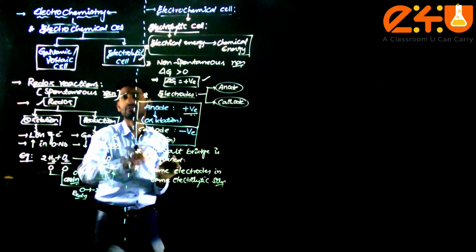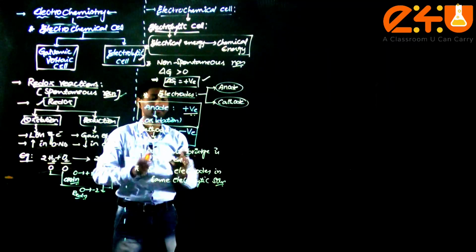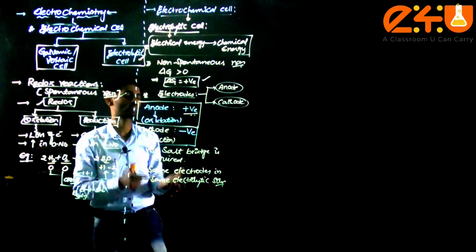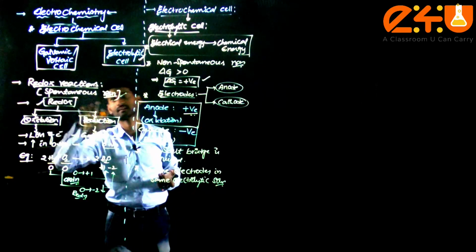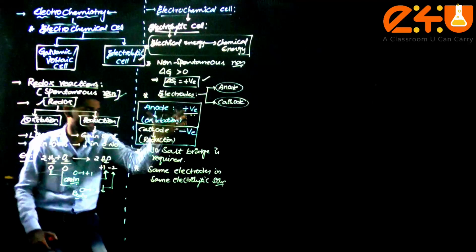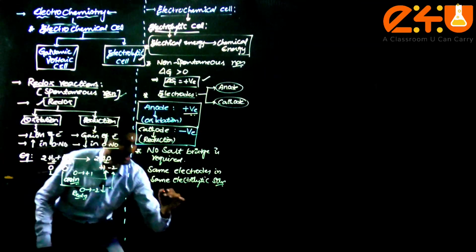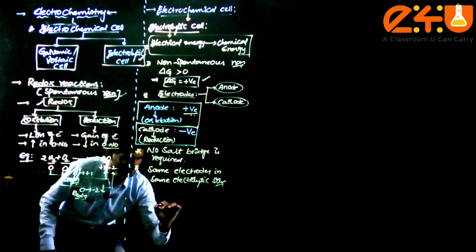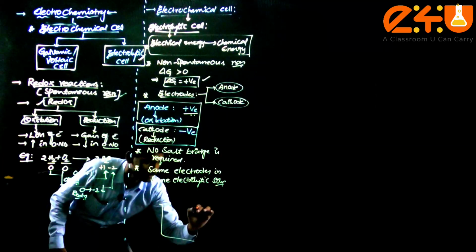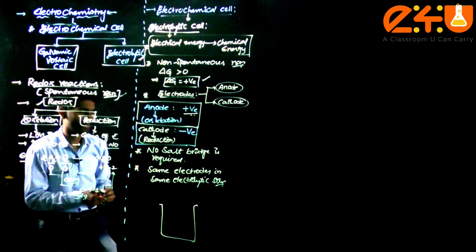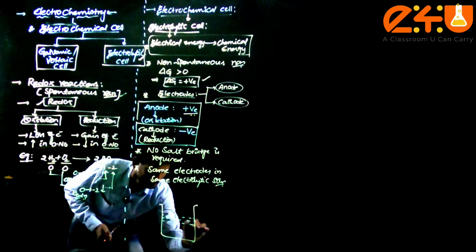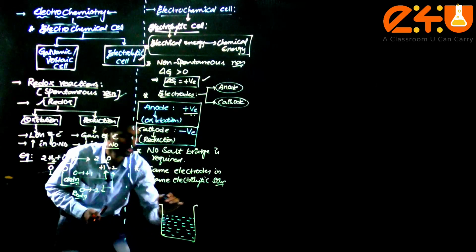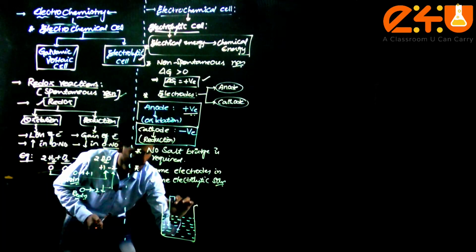If you understand this, you can easily understand the galvanic cell, because many students get confused about how to represent the electrolytic cell and the galvanic cell. That's why I am giving the entire characteristics of this. Now I am taking some electrolytic solution here, and just putting two electrodes in this electrolytic solution.